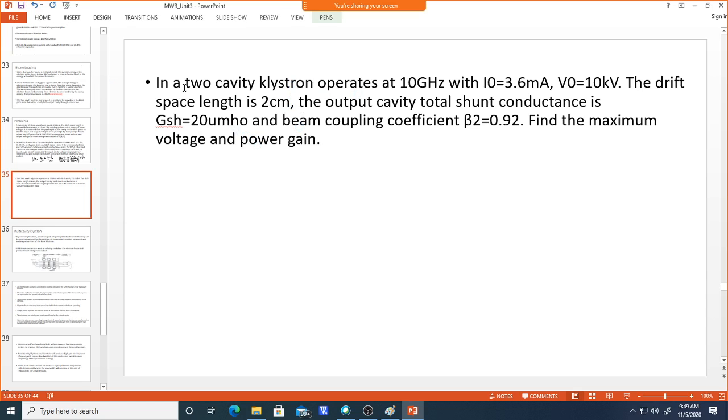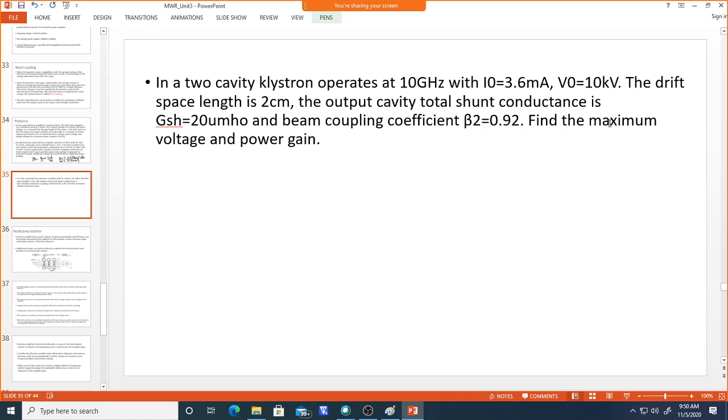Okay, in a two cavity klystron operating at 10 gigahertz, with I naught 3.6 milliampere, V naught equal to 10 kilovolt, drift space length 2 centimeter, output cavity total conductance GSH 20 micromho, and DC beam coupling coefficient 0.92, find the maximum voltage and power gain.